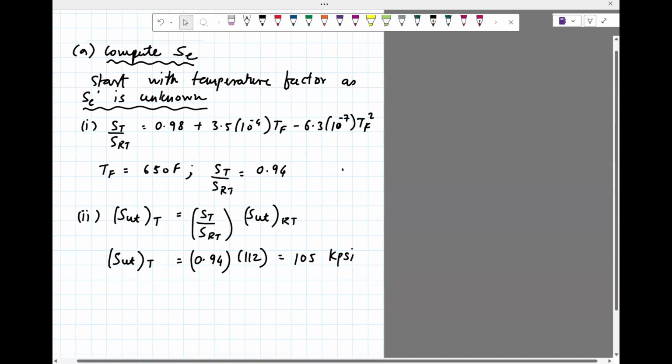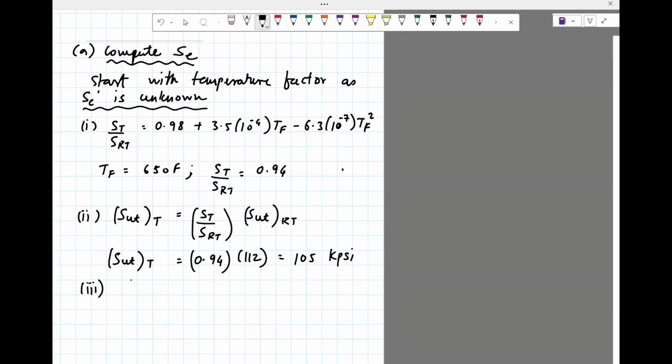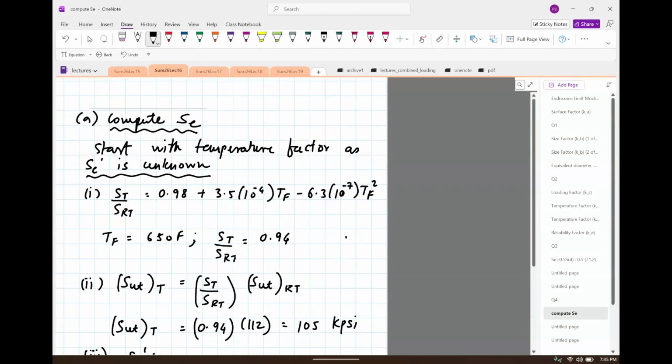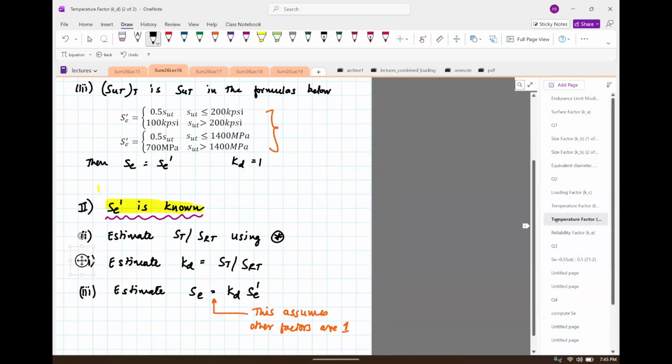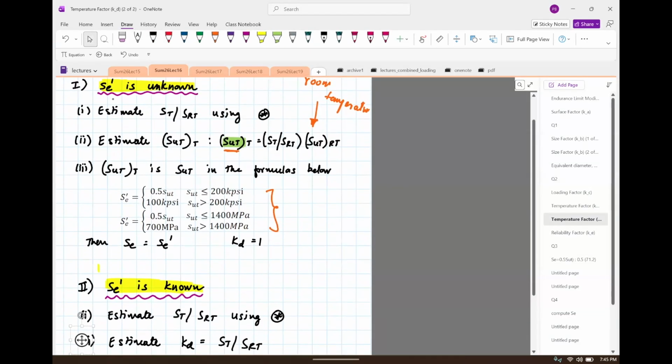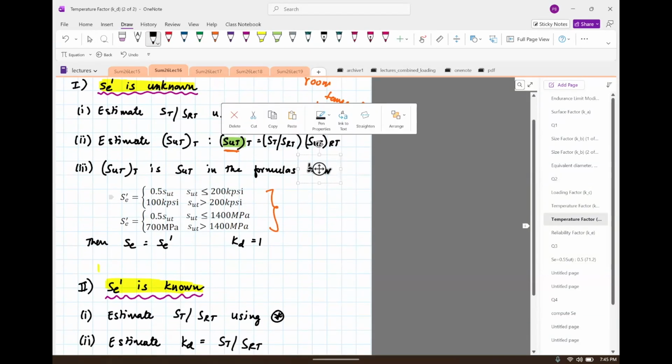Okay, so that's step 2. Step 3 is we need to compute what Se prime is. For Se prime, you have to go back to, let's just show it to you, the particular algorithm. We have to find it based on the Sut value. The Sut was 105 kpsi, which is less than 200.